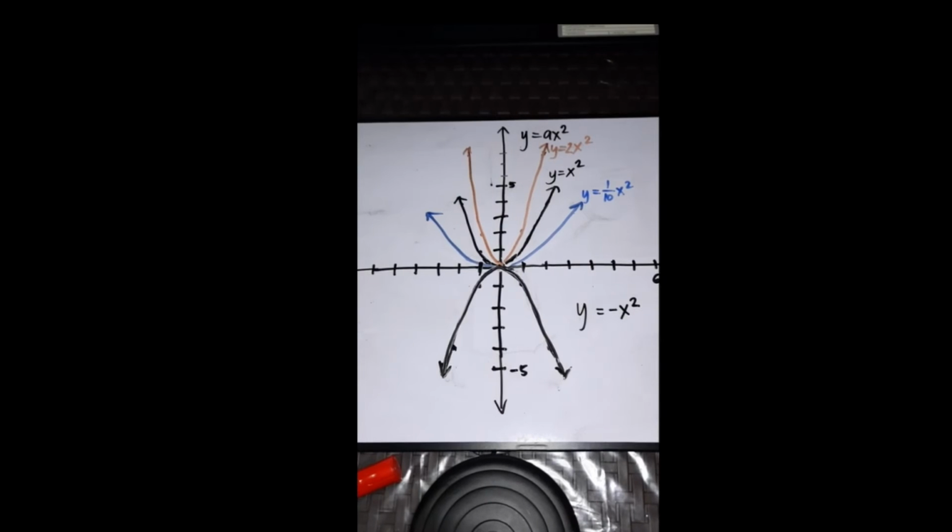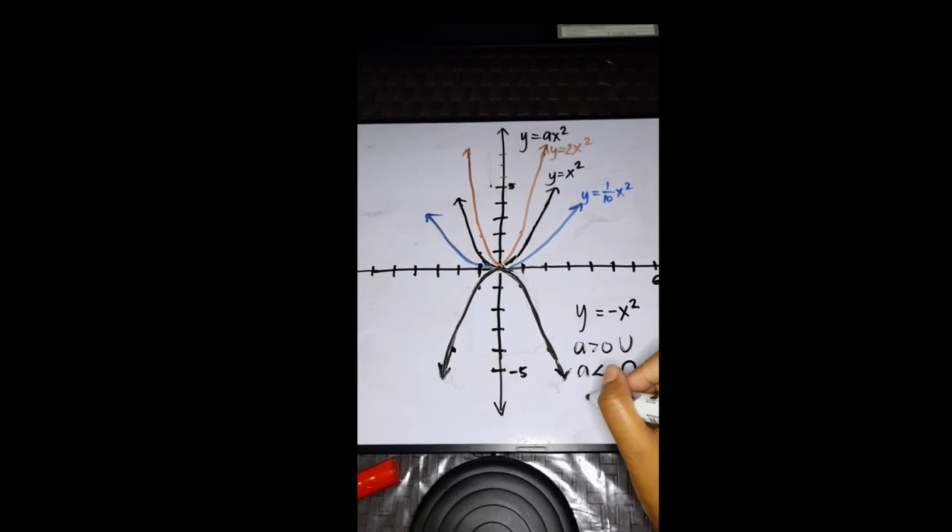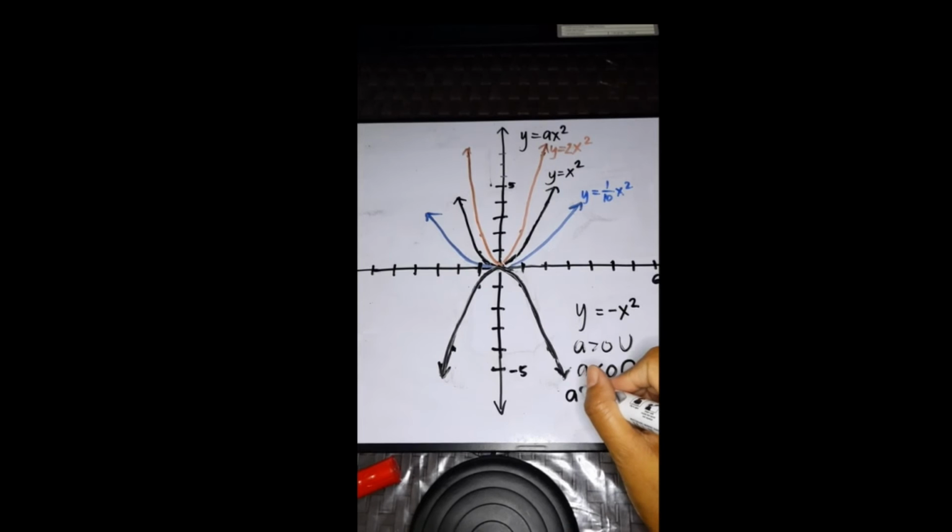Okay, take note, if the value of a is greater than 0, the parabola opens upward. If a is less than 0, the parabola opens downward. If the value of a is greater than 1, or a is less than -1, the parabola is narrower.